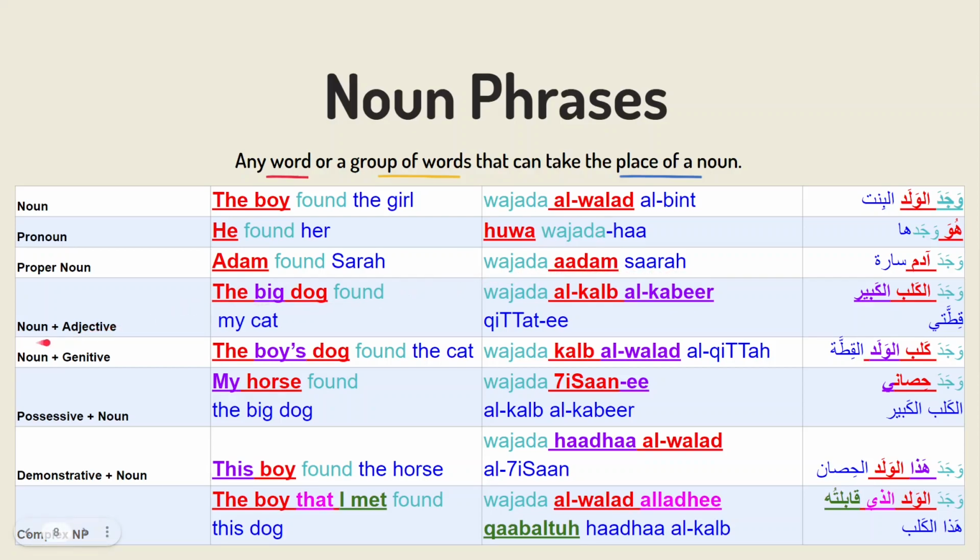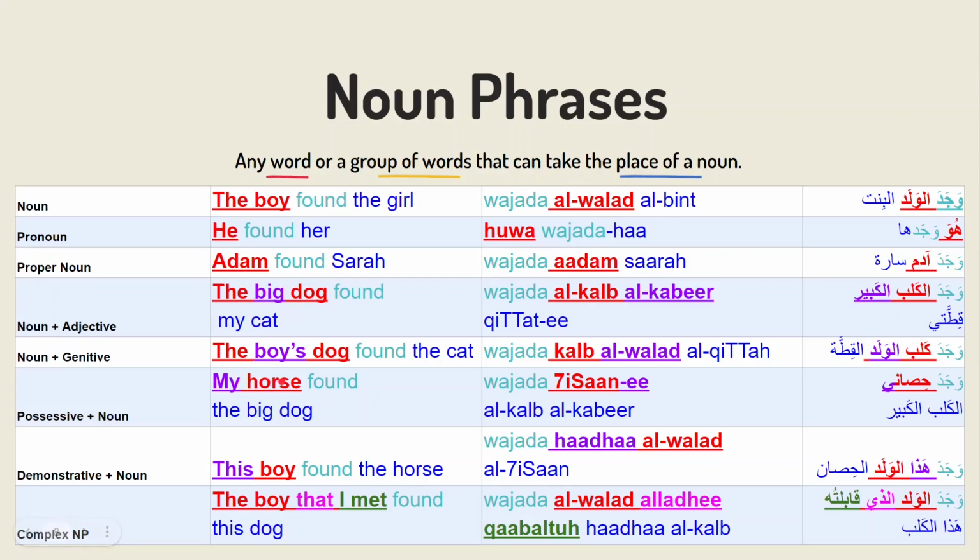And then we have a noun plus an adjective. So the big dog found my cat. وجد الكلب الكبير قطتي. So here we can also find that we can have a noun phrase in the beginning and a noun phrase after found, and you can always fill any noun phrase in each of these two positions.